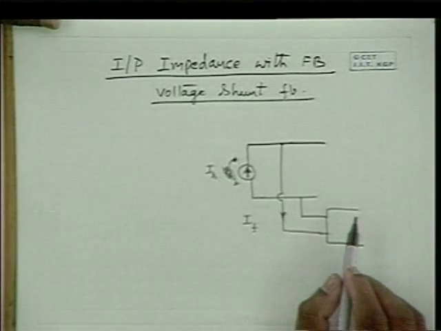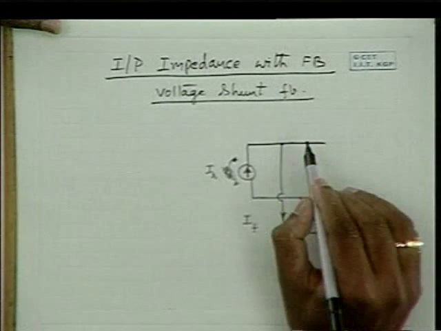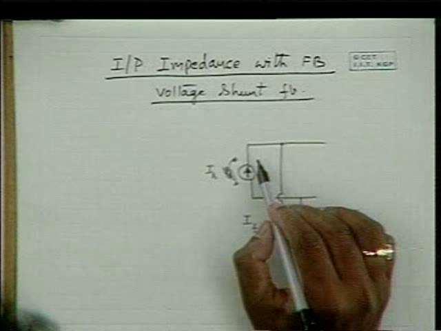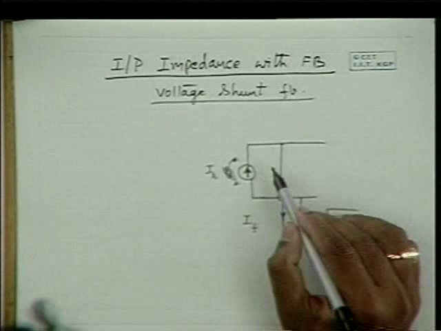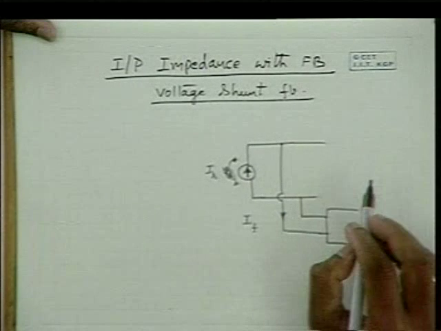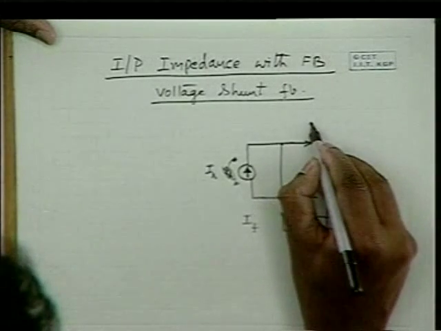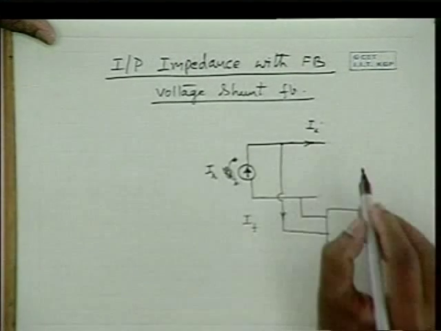That's why it is negative feedback. If it drove a current into the amplifier, it would have been positive feedback. Since it draws part of the input current, it is negative feedback, and the current which goes into the amplifier is Ii.